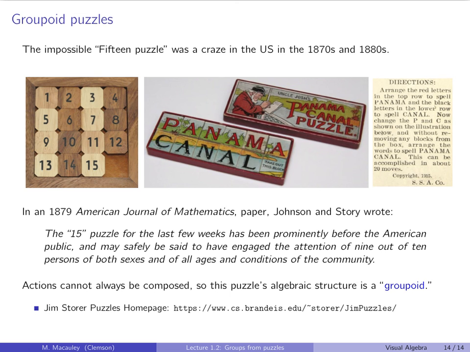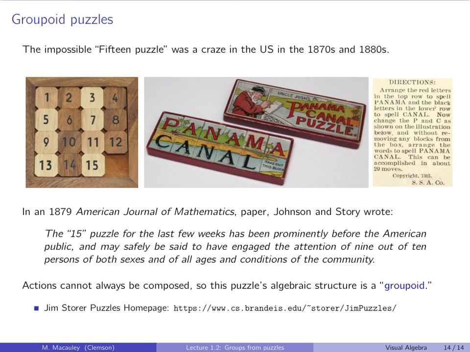This is a little bit different than the puzzles that we saw earlier, including the Rubik's Cube and the Spinpossible and the Hungarian Rings and the TopSpin, because you can't always compose actions in these puzzles. There are sometimes where you get stuck. Like you can't move down this first block here. So this puzzle's algebraic structure is something called a groupoid, which is like a group-like thing. It's got the inverses, it's got the identity.